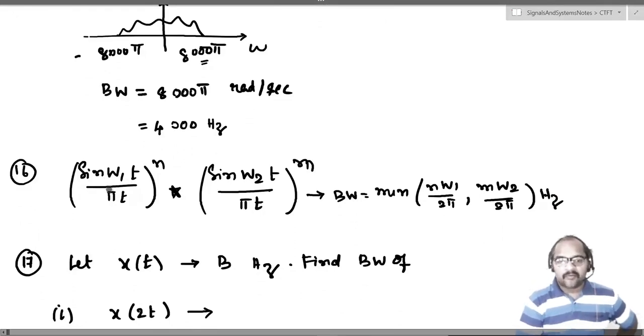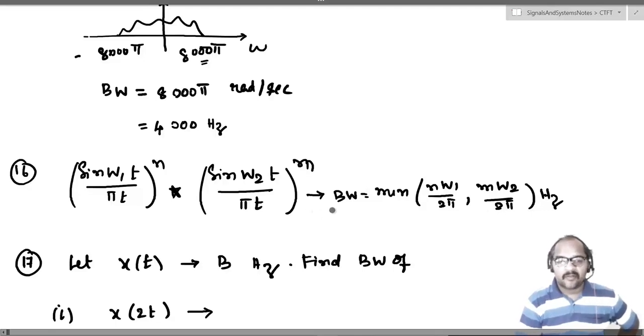We want to find the bandwidth of this whole signal, which is sine w1t by pi t whole power n convolved with sine w2t by pi t whole power m. What is the bandwidth of the first signal? That is n w1 by 2 pi, because we want to measure in hertz. Similarly, the bandwidth of the second signal should be m w2 by 2 pi.